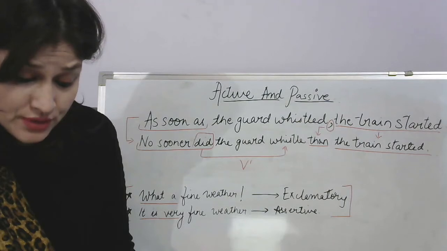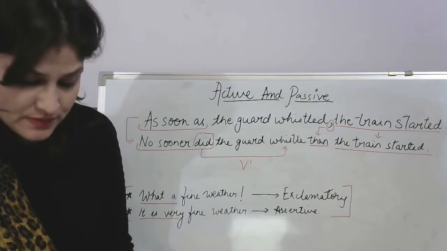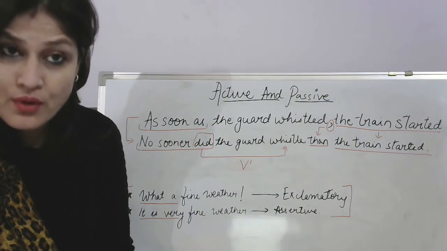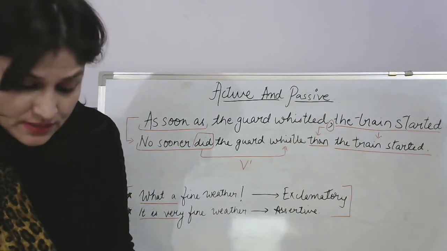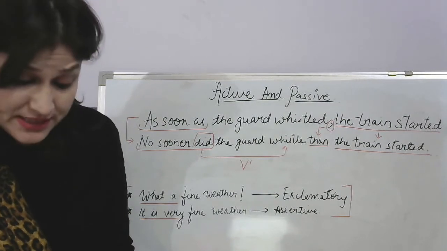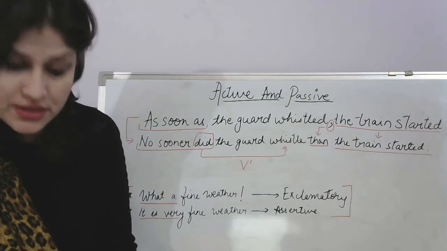"Would that I were appointed to the post?" "Would that" means he's wishing, so "I wish that I were appointed to the post." "A soldier and afraid today?" becomes "It is astonishing, or you can write, it is surprising that a soldier should be afraid of death."